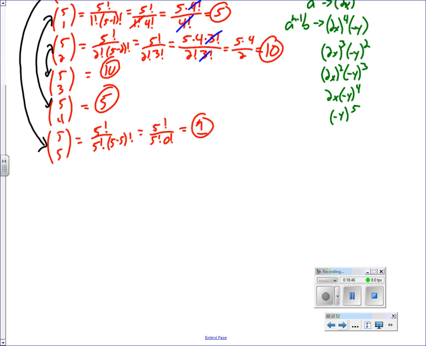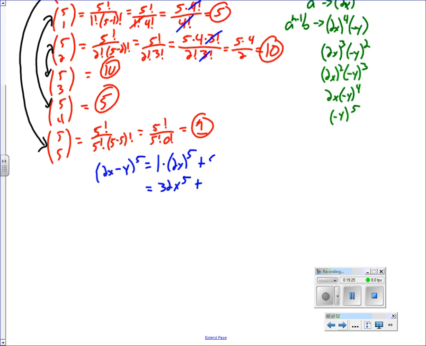So now we'll go ahead and write out the full expansion with the coefficients and the terms in there, and then we will simplify it at the end. So starting off with our first coefficient, so this is 2x minus y to the 5th. So our first coefficient is 1, and our first power term is 2x to the 5th, which we can simplify. 2x to the 5th, that's 2 to the 5th and x to the 5th, that's going to be 32x to the 5th.